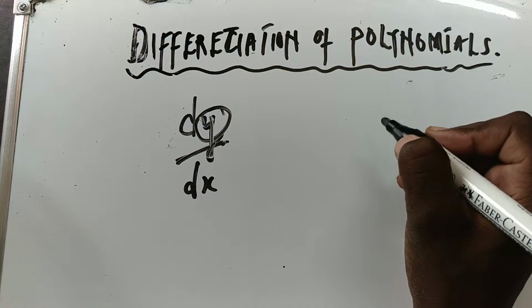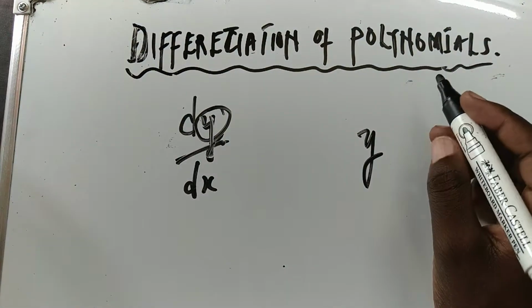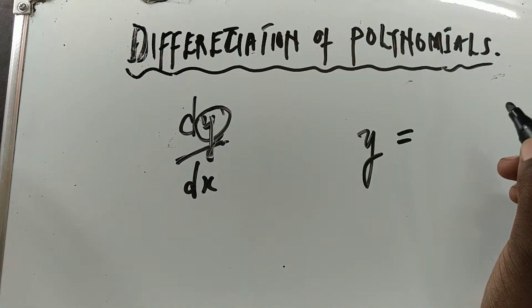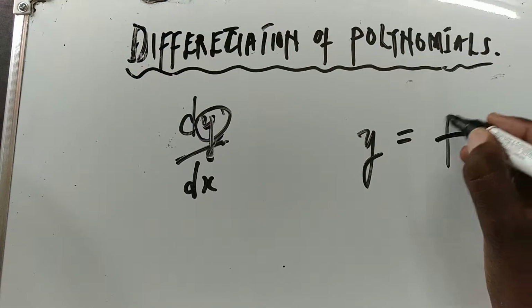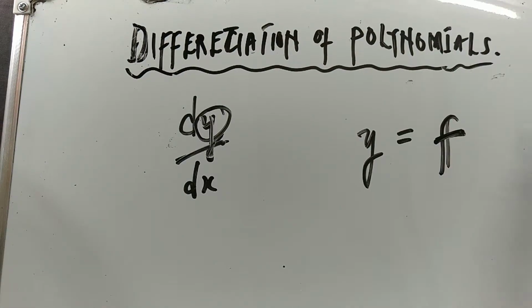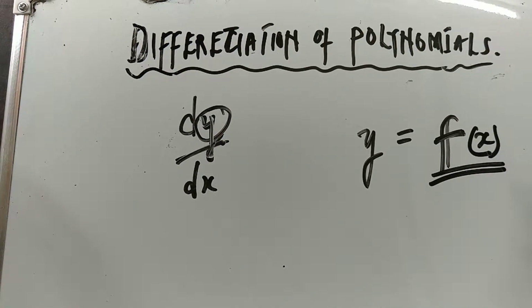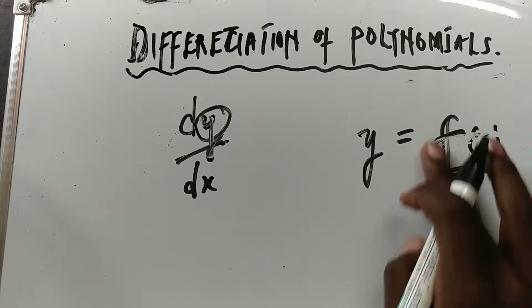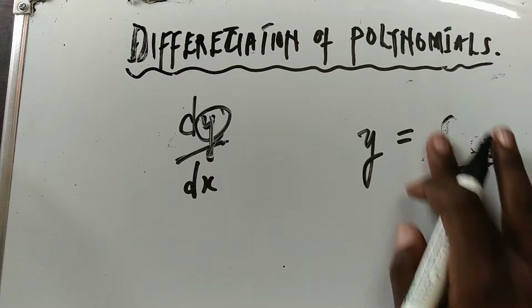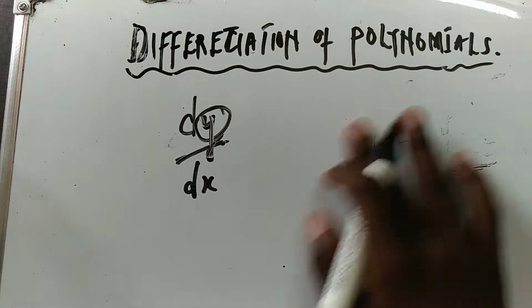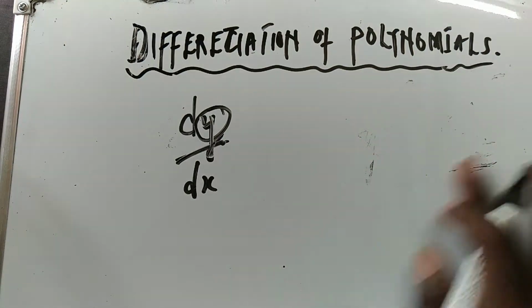Now, it is important to note that y is a polynomial and must be a function of x, at least if we are to differentiate it. Otherwise, if there is no x in the function or in y itself, then the differential of y is always 0.